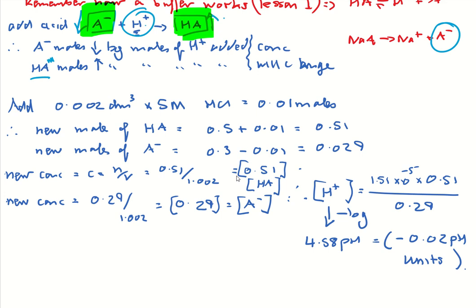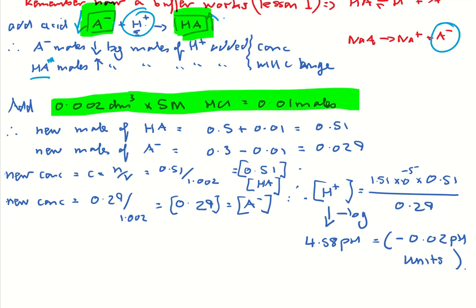So we have added how much acid? We have added 0.02 decimeters cubed of 5 molar acid, which means I've added 0.01 moles of H+ ions.